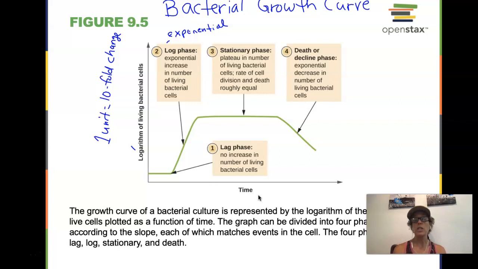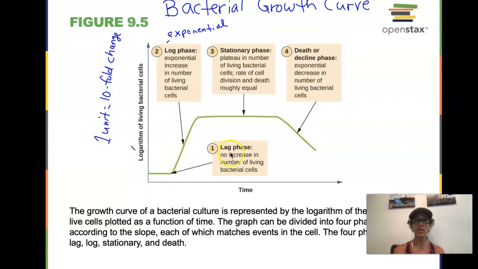So if the conditions are ideal, then the length of any one of these stages will be very different than if there is some factor that could affect the growth that is not ideal. But the overall shape of the curve will always look like this.